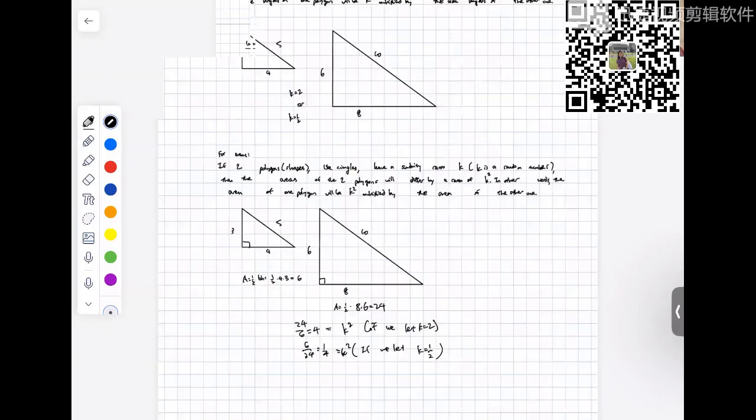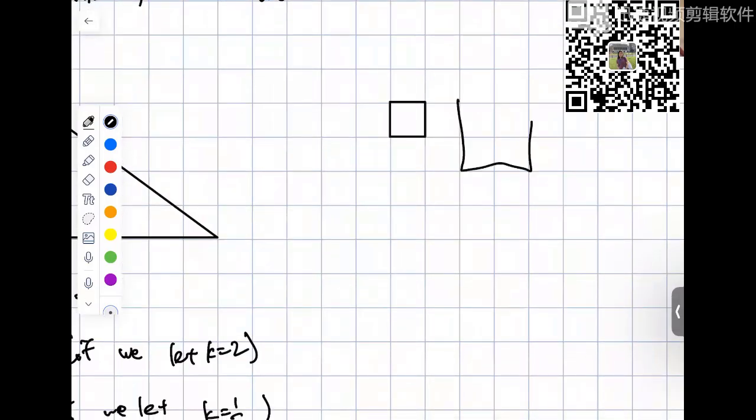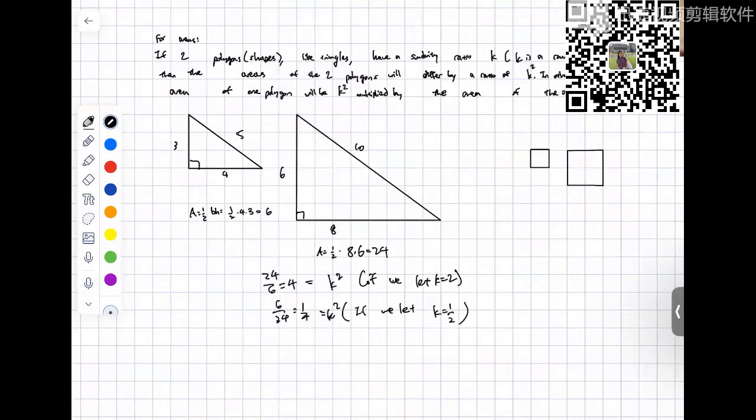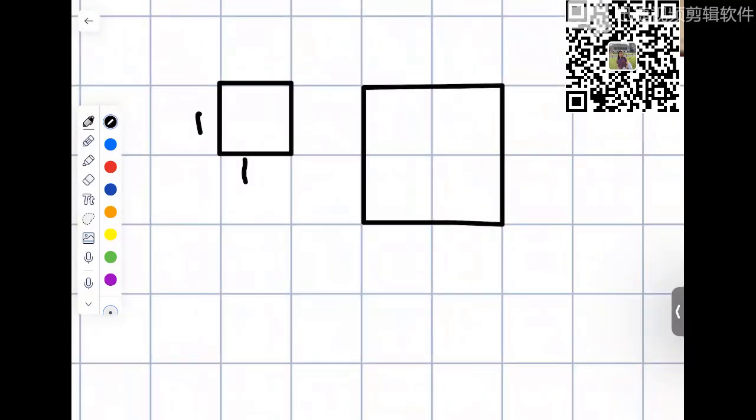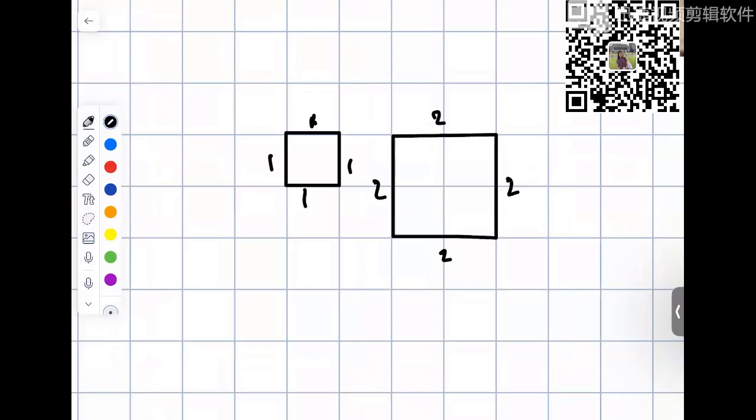The easiest example to see is a square. Let's say you have this first square of side length 1 versus the second square of side length 2. You can see that the side lengths are doubled, but the area is quadrupled. And you can apply this logic to any shape. Does that make sense?